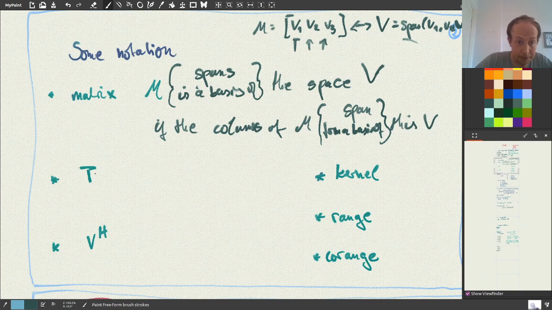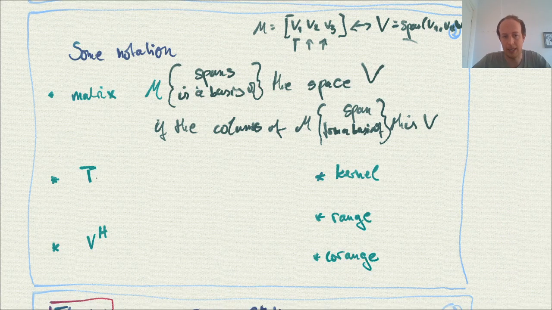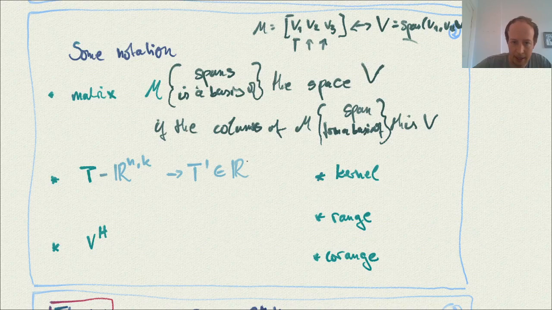Then another notation that we want to use is we take a matrix T. So T is say an R to the n times k matrix. Then we say T dash is a matrix in R to the n times n minus k, so that if we put them both together in one matrix, T and T dash, they have the same number of rows, so we can put them next to each other.